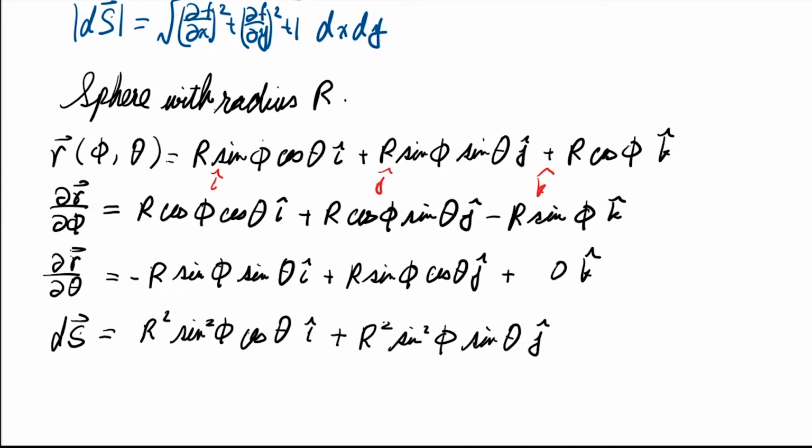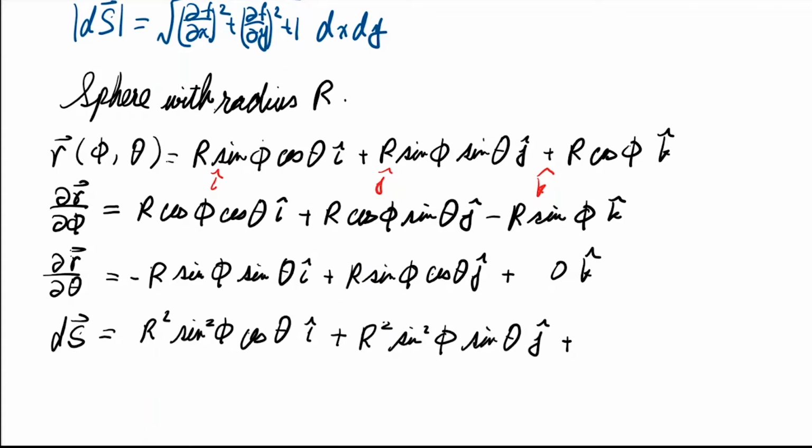And lastly, plus k vector, which is r squared sine phi cosine phi cosine squared theta plus r squared sine phi cosine phi sine squared theta.